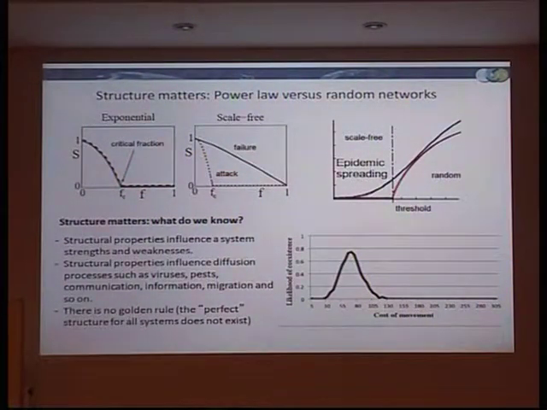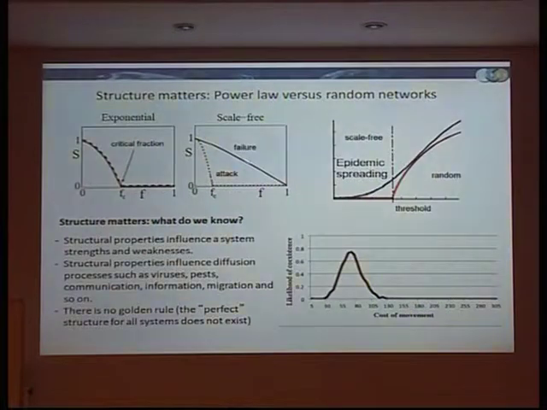And when I take out a node, I take out all these connections as well, right? So we can see that the difference between failure or error and attack in a random network, also called exponential, is basically the same, while in a scale-free network, I have a completely different outcome. So a scale-free network is very robust to random takeouts of nodes, but it's very vulnerable to attacks.